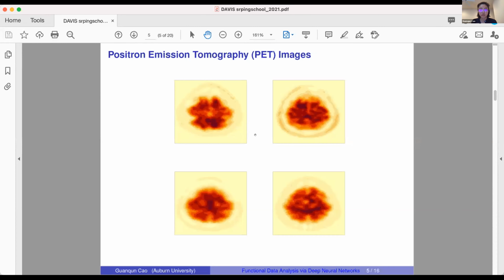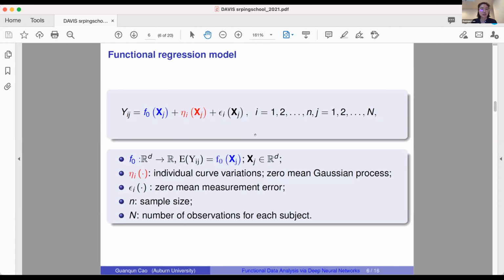When we summarize the data set into a model, we can use a functional regression model.